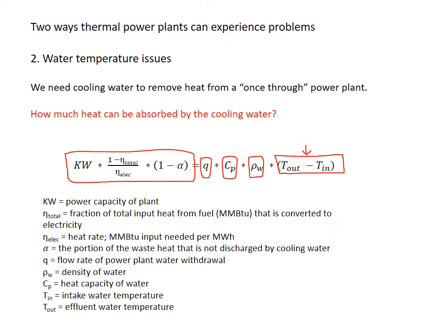For example, if you are taking water in that's 25 degrees and you are legally required to discharge water that was no more than 28 degrees T out, then the amount of water Q here has to be a lot larger than if your T out minus T in was 10 degrees, right? If the difference between the temperature of the water you intake and discharge could be 10 degrees, right? So a tight limit on the T out versus T in here has implications for the amount of water you have to be withdrawing at any given time to absorb that same amount of heat.